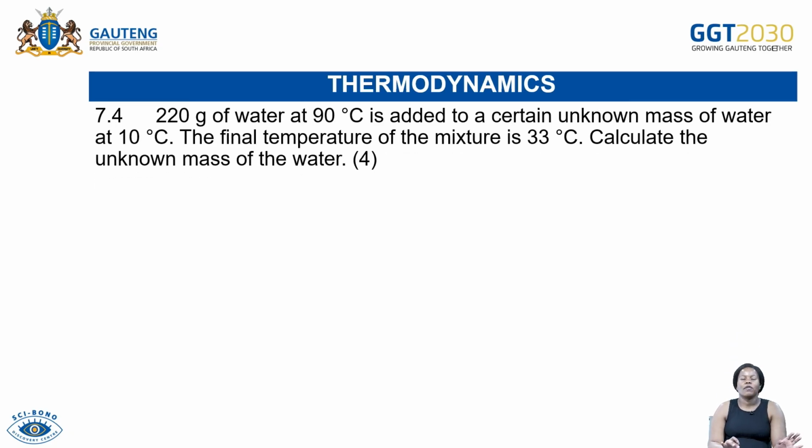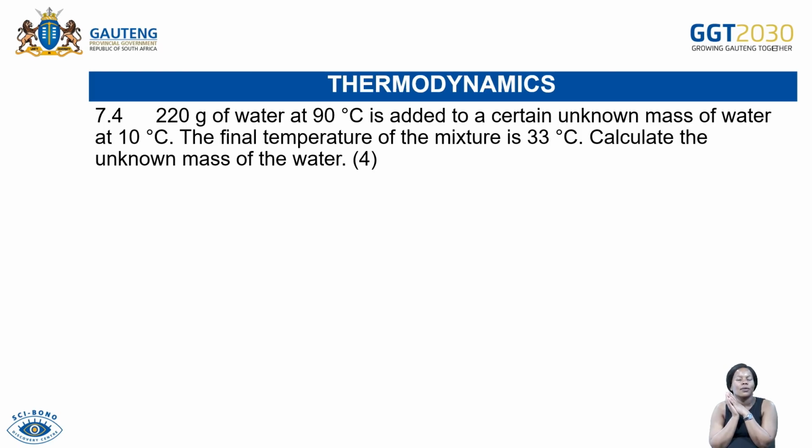All right, 7.4 says 220 grams of water at 90 degrees Celsius is added to a certain unknown mass of water at 10 degrees Celsius. The final temperature of the mixture is 33 degrees Celsius.